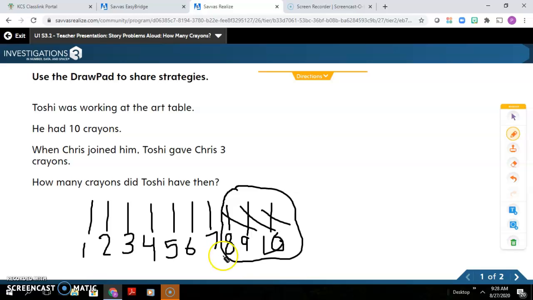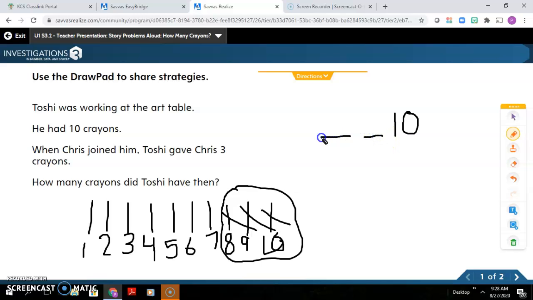All right, another strategy that you could do would be to count back. So we know how many crayons did he start with? All right, he started with 10, so I'm going to put the number 10. And how many crayons did he give Chris? Right, 3. So I'm going to count back 3. And since I'm counting backwards, I'm going to go this way because that's what we do when we're counting back. We go back.